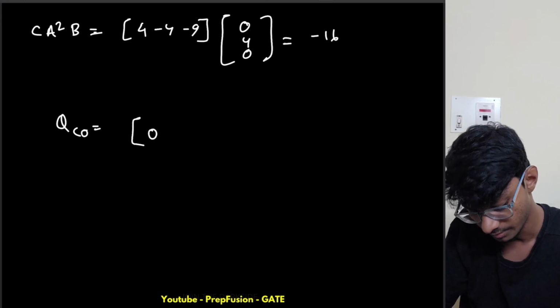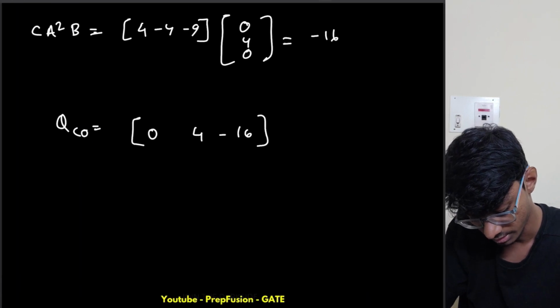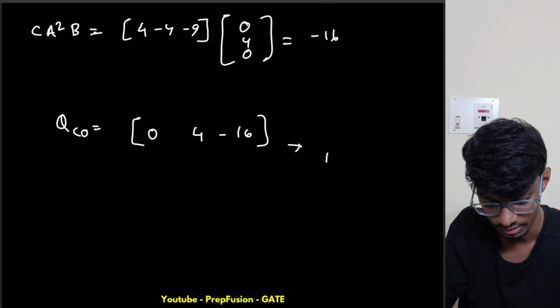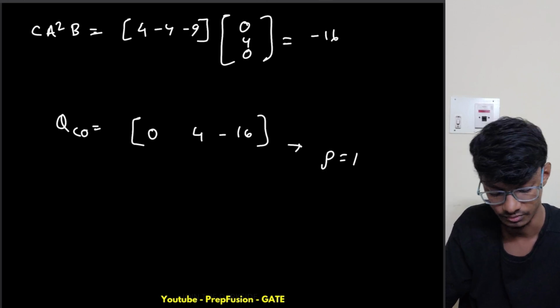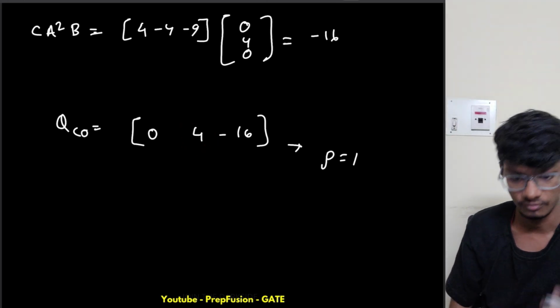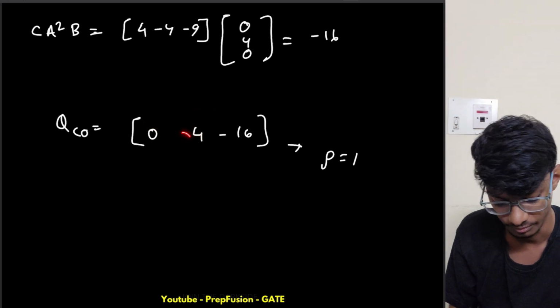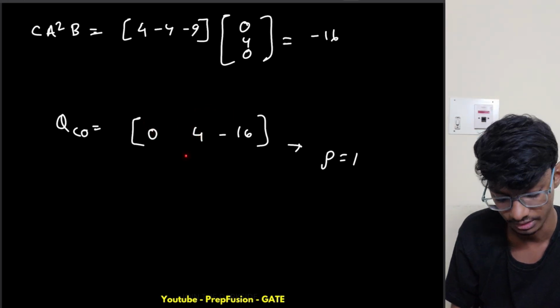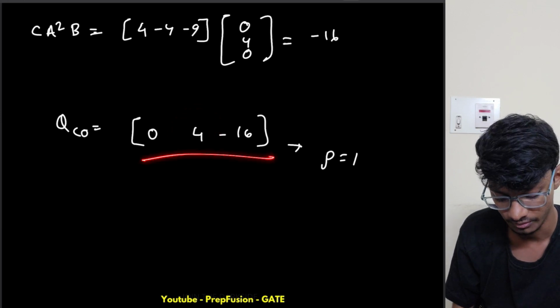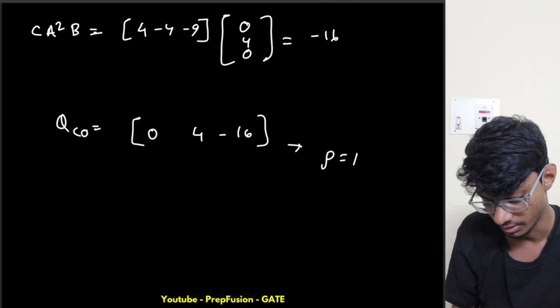The first element is 0, the next element is 4, and this is minus 16. So what is the rank here? Rank is 1. The number of independent columns is also 1, because this 4 is dependent on this one. If I multiply 0 with this one, I'll get this one. So the number of independent columns is 1, and the number of independent rows is 1. We have only one row, but all of them are non-zero.